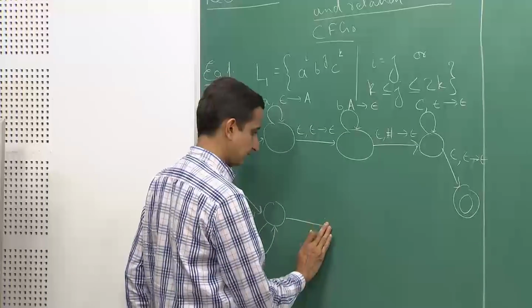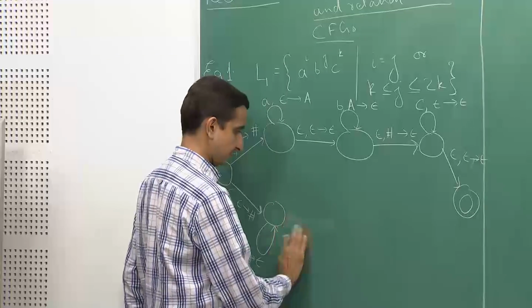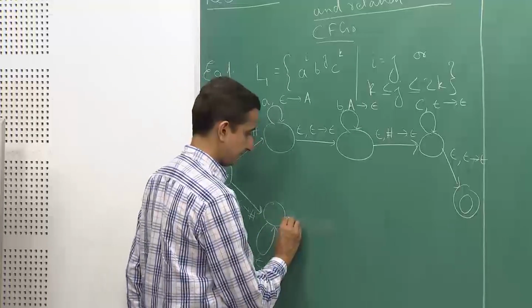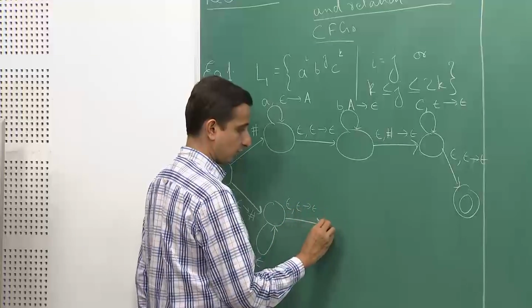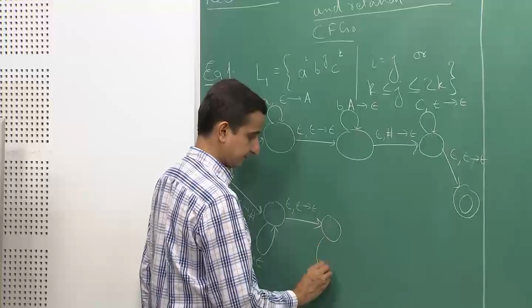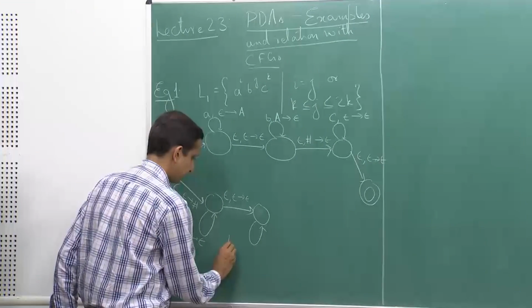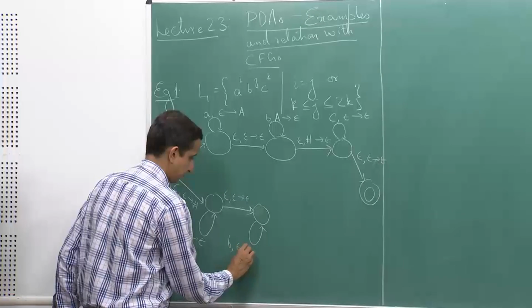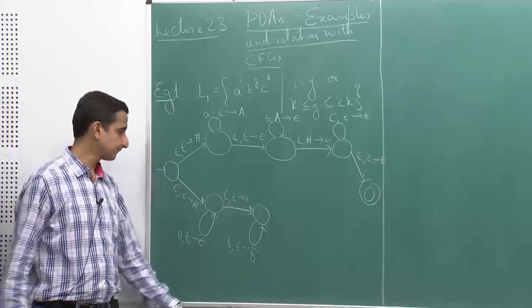So, basically from here I go to another state where first what I do is that on seeing a b, I push in a symbol, let us say capital B, onto the stack.